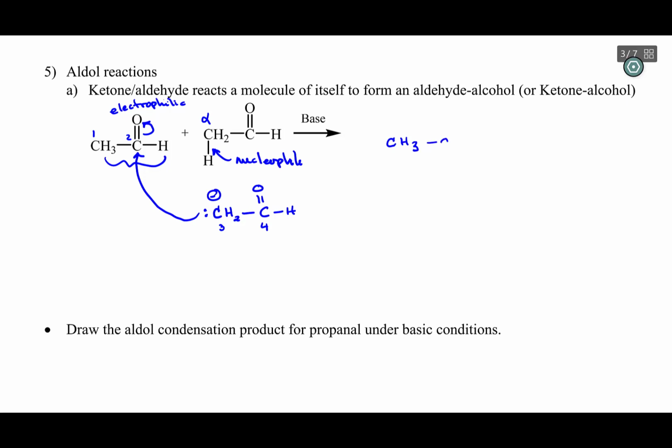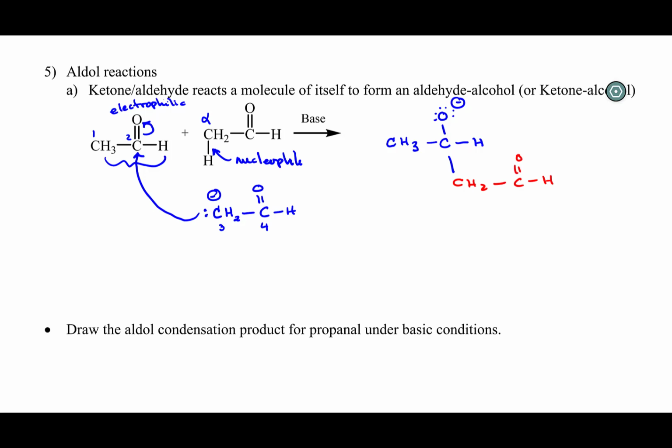And then on the carbon that I called number 2, I'll have an O minus. I'll have an H, and then I'll have a CH2, and I'll draw this in a different color. Then C double bond, and then H like that.